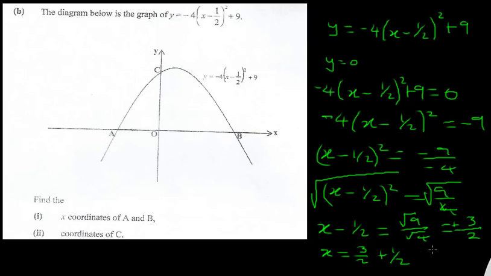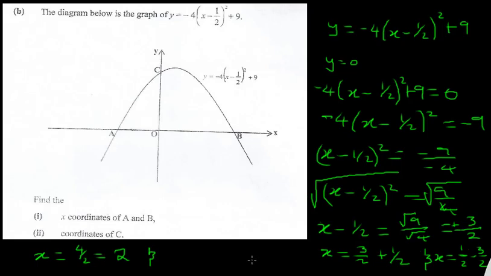So we'd have 3 over 2 and x equals 1 over 2 minus 3 over 2. Okay, we've run out of space, and we would have x equals 3 over 2 plus 1 over 2 will simply give us 4 over 2, and this 4 over 2 is simply equal to 2, right?